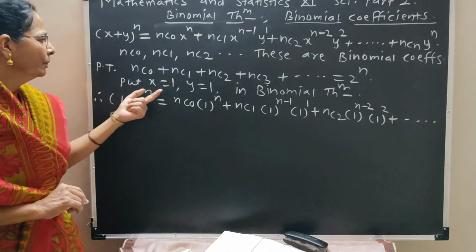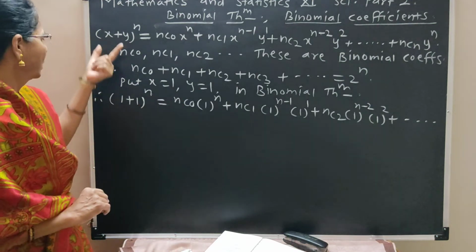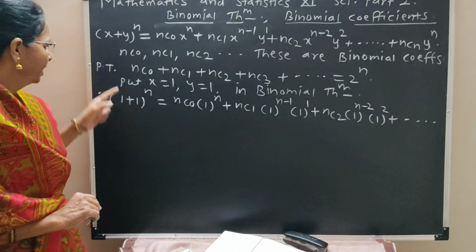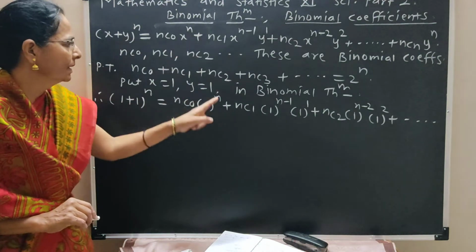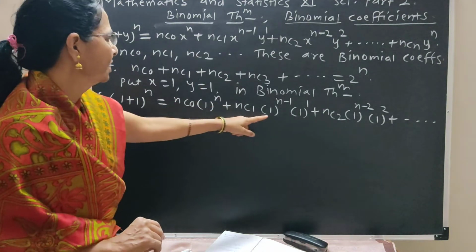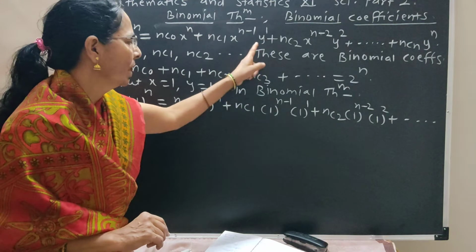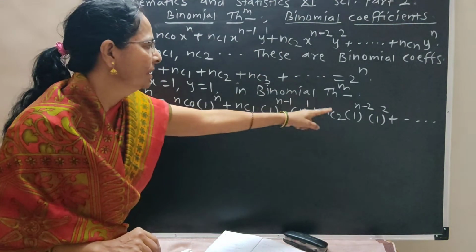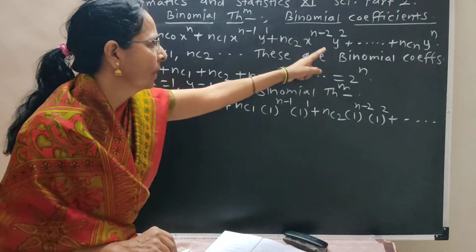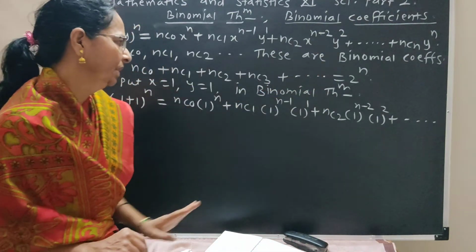In the above theorem, put x equal to 1 and y equal to 1. So nC0, x is 1 raised to n, nC1, x is 1 raised to n minus 1, y is 1 raised to 1, nC2, x is 1 raised to n minus 2, y is 1 raised to 2, in this way.